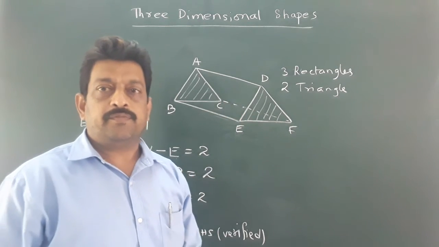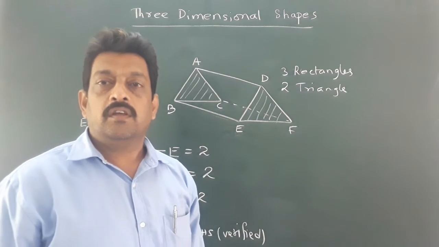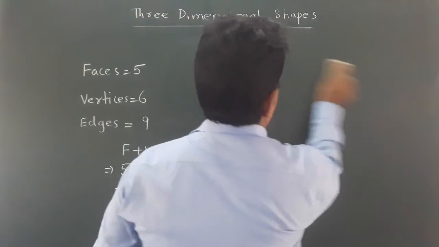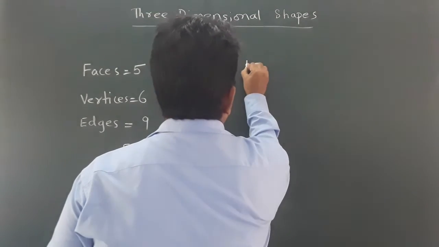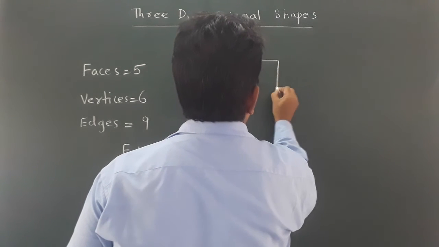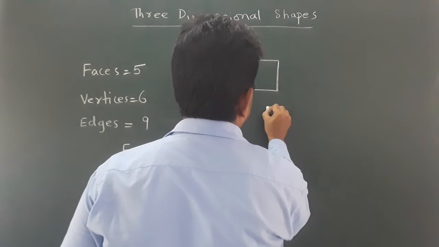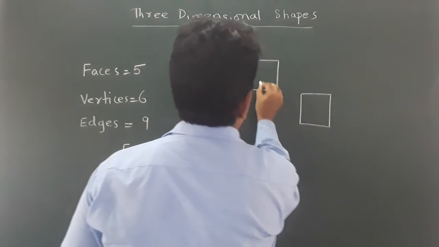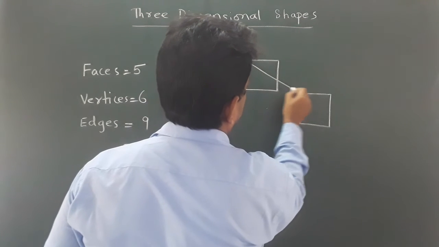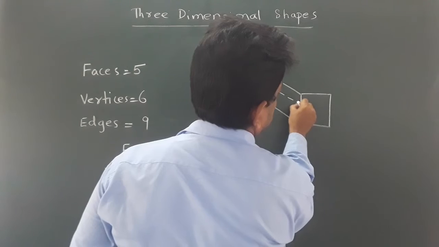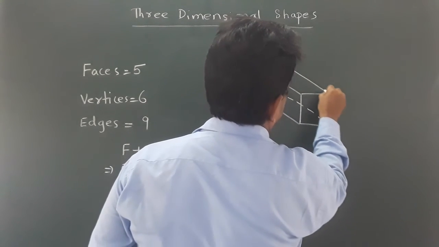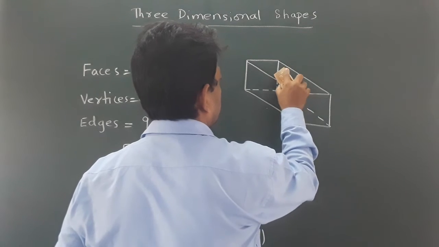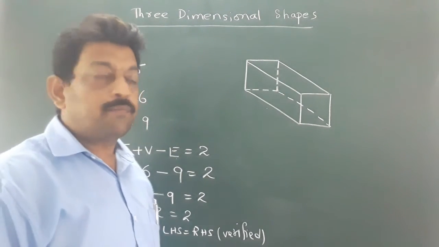Now let me draw one square prism and let us check whether this Euler's formula is applicable there or not. So this is a square prism.